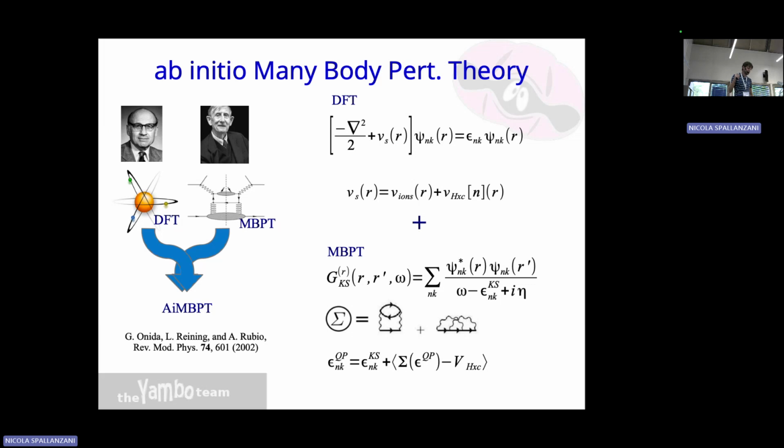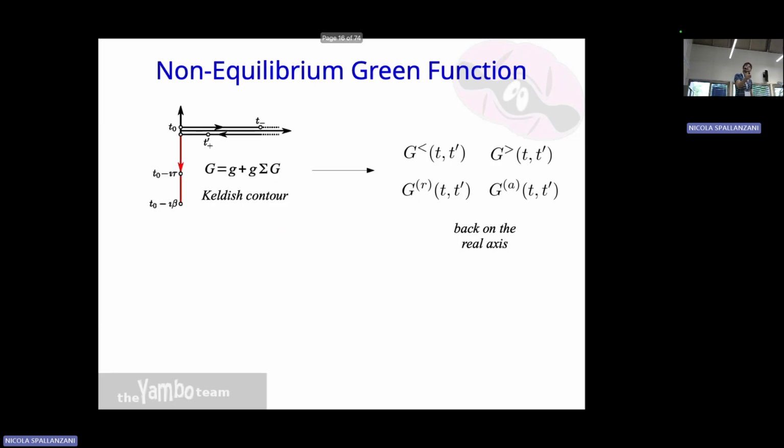So we discussed yesterday that in the equilibrium case, you have this kind of fake time, the switching on of the interaction, that you need to introduce diagrams. In the out of equilibrium regime, when you have a laser pulse, what you have to do is change the path on which this fake time is defined, formally defined on this Keldysh contour.